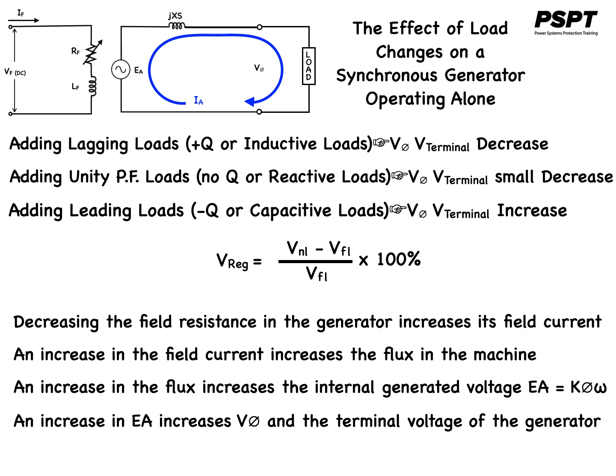An increase in EA increases V phi and the terminal voltage of the generator. This process can be reversed to decrease the terminal voltage. It is possible to regulate the terminal voltage of the generator through a series of load changes simply by adjusting the field current.